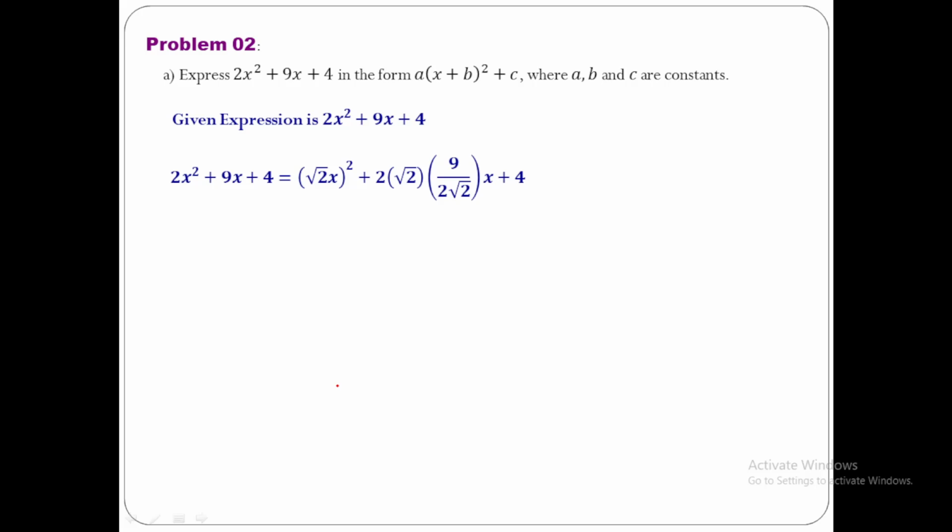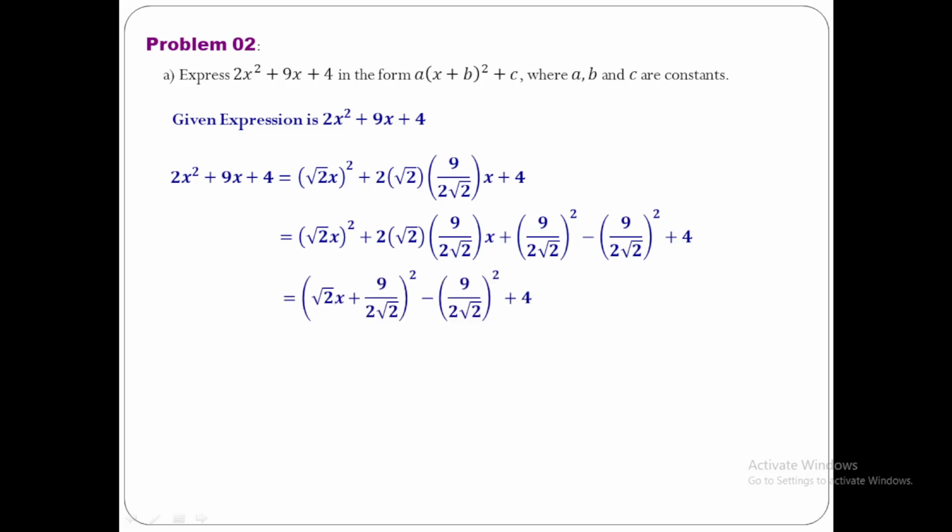So b is 9 by 2 root 2. We add (9 by 2 root 2) the whole squared and subtract (9 by 2 root 2) the whole squared as the second term, and we group the first three terms into (a plus b) the whole squared. Then we simplify.